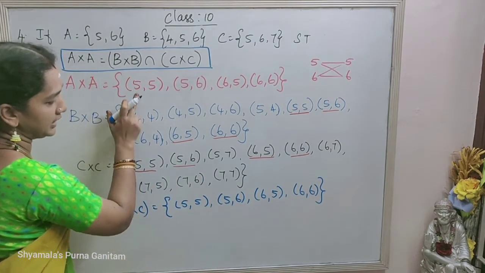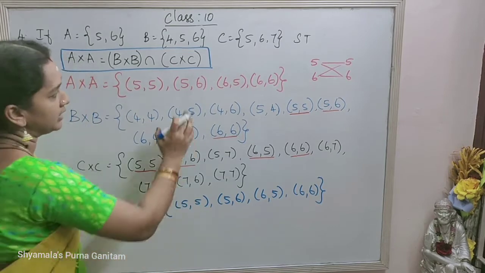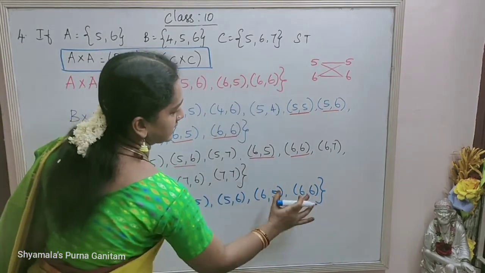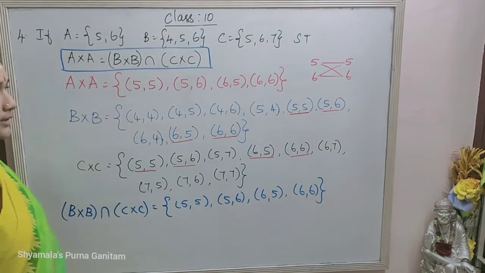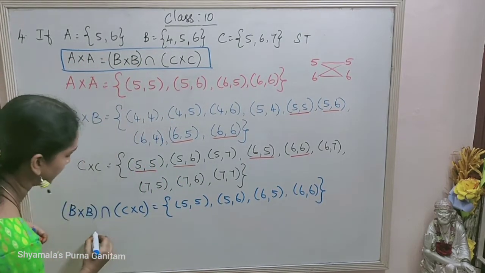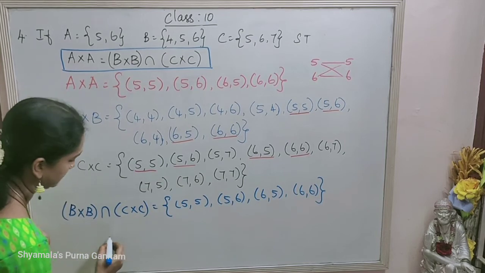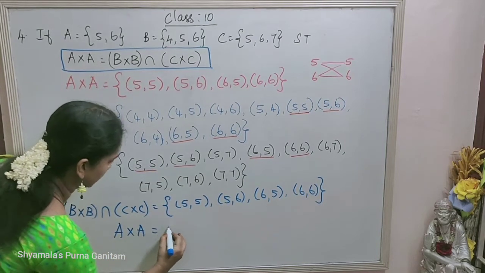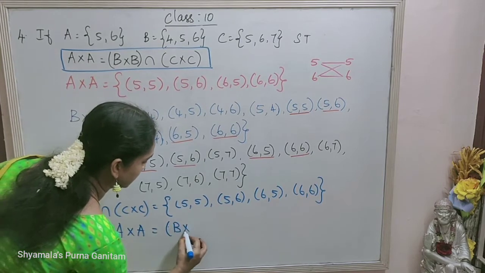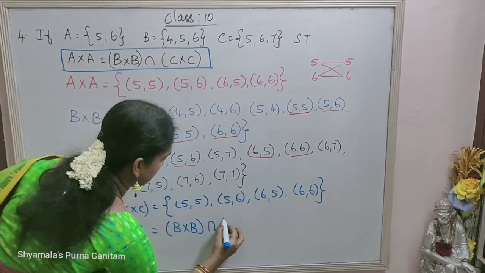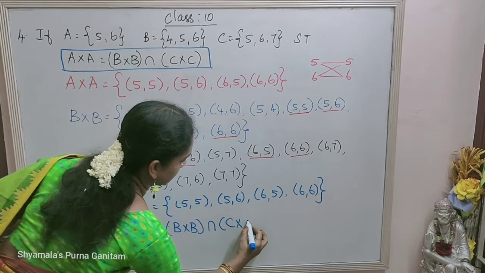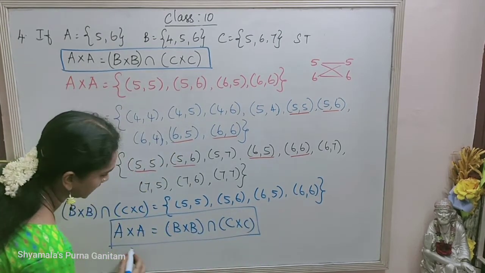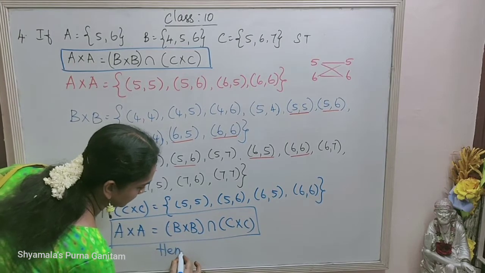This is (5, 5) and this is also (5, 5). (5, 6) and (5, 6). (6, 5) and (6, 5). (6, 6) and (6, 6). So we have shown that LHS, that is A cross A, is equal to B cross B intersection C cross C. So this is the thing we have proved. We write hence proved.